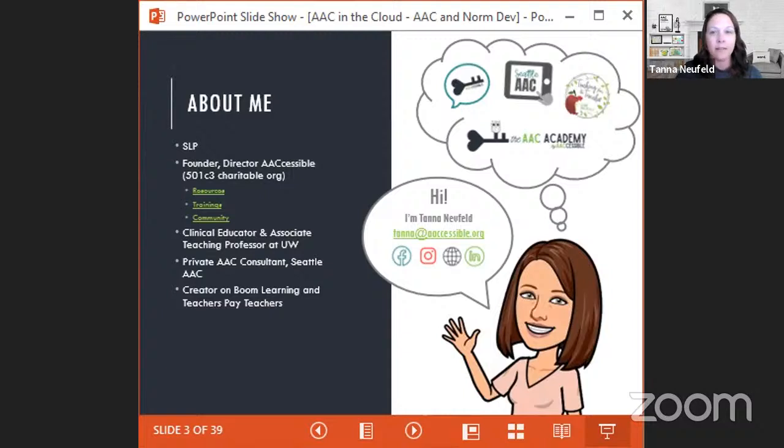I am the director and founder of Accessible, which you're going to see a lot of today because I am here representing Accessible, which is really a fun passion project that I started and am working with a great team of people to build, really around bringing even more wonderful resources like AAC in the Cloud, these free and low-cost ways for the AAC community to increase their learning and really help to cut this mystification that kind of goes with this field.